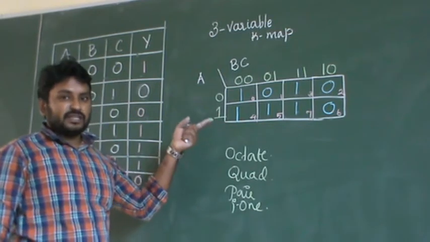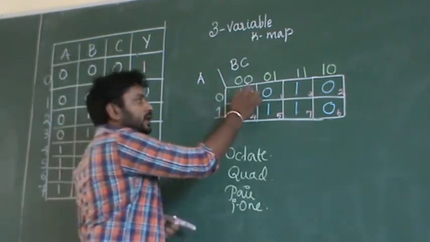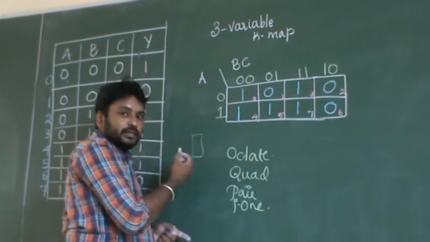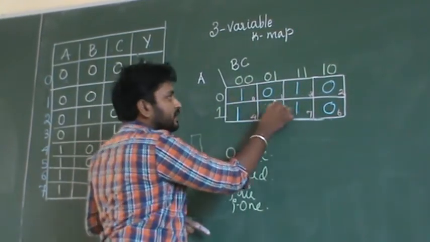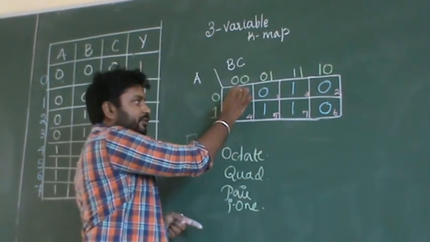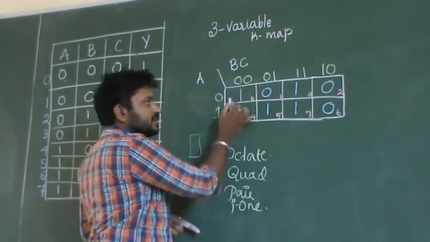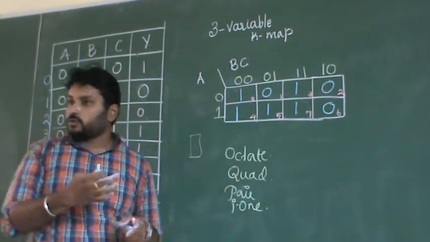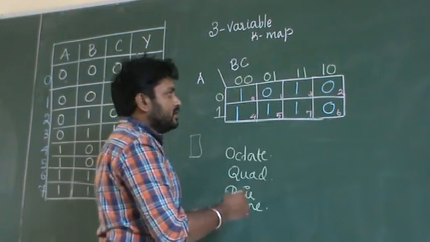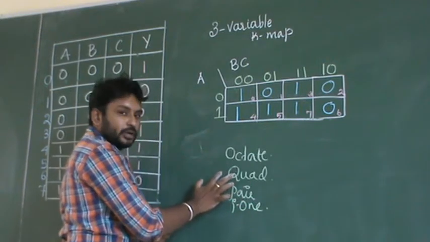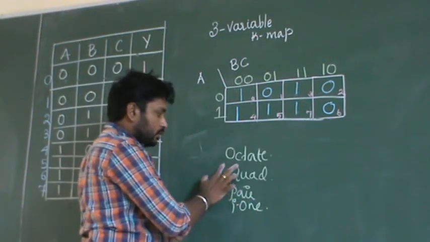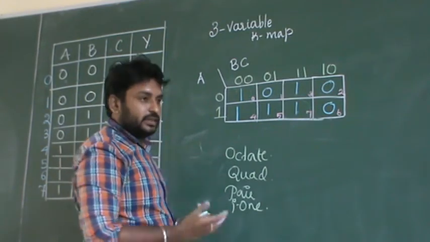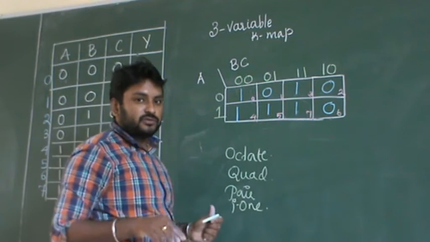Yes, 4 ones are there, but they are not in a box form, and you cannot just pair however you want. If you do, you cannot get any expression; there are no rules for it. So you can eliminate the quad group, because there are no 4 ones continuously or in box format.